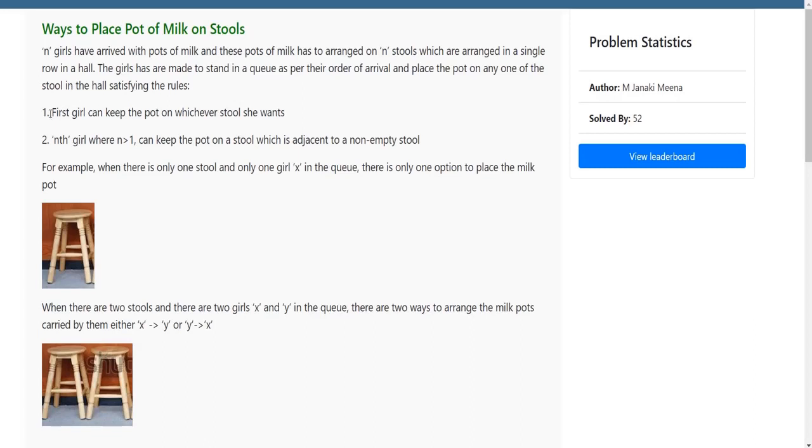The first rule is that the first girl can keep the pot on whichever stool she wants, but after the first girl, every girl has to keep the pot on a stool which is adjacent to a non-empty stool.